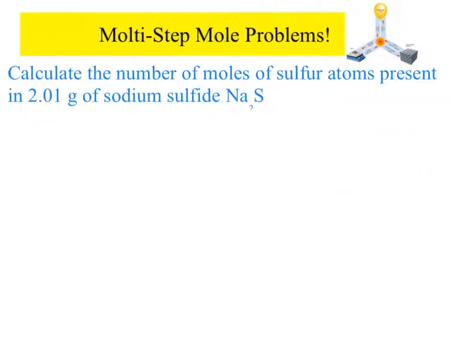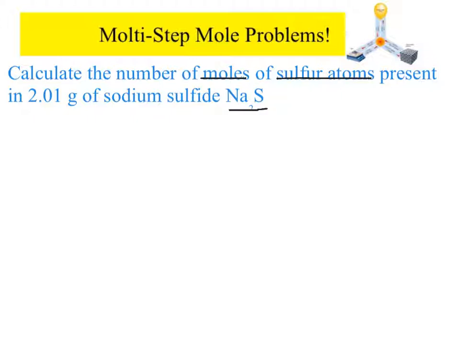In this problem, it's the same thing. We're going to be doing a multi-step problem, but we're going to be throwing in a little twist here. It says calculate the number of moles of sulfur atoms present in 2.01 grams of sodium sulfide. Well, the difference here is that we're calculating the number of moles of sulfur atoms, but we're talking about a specific compound, Na2S.